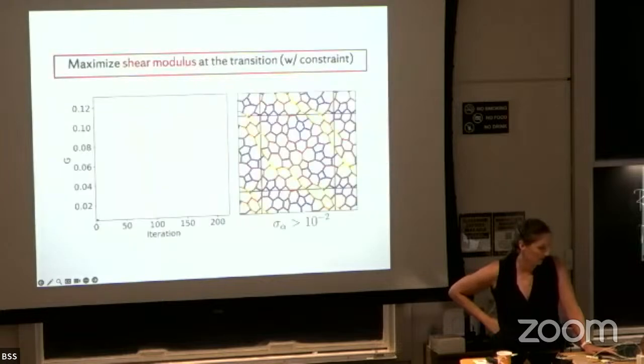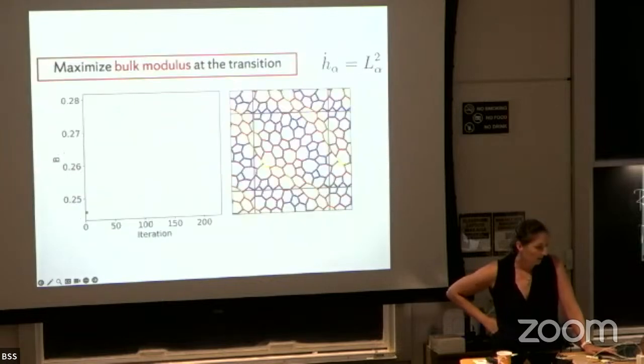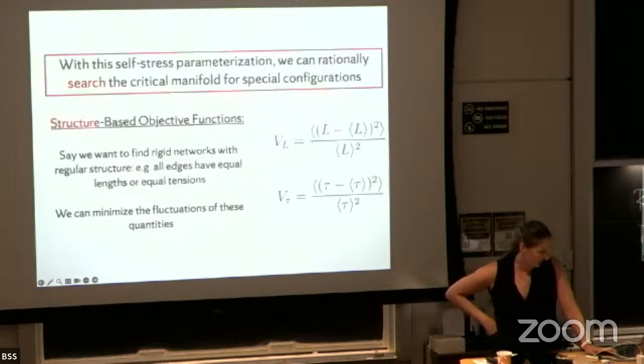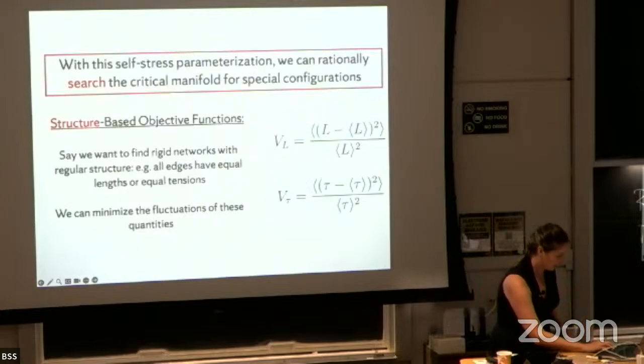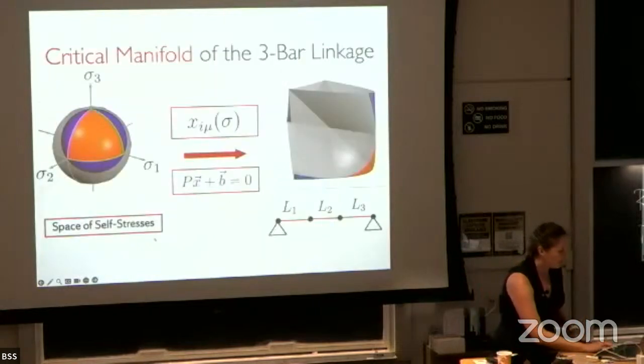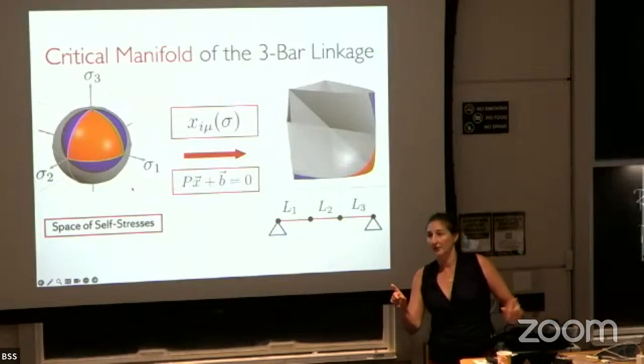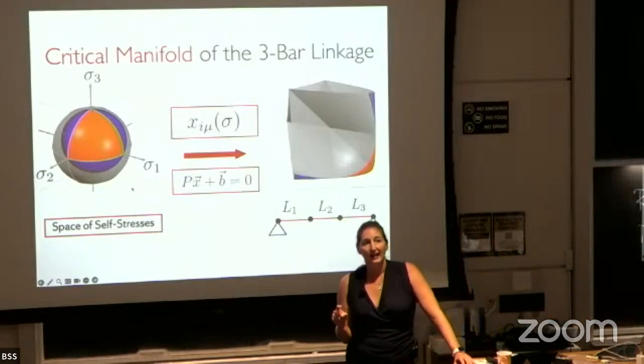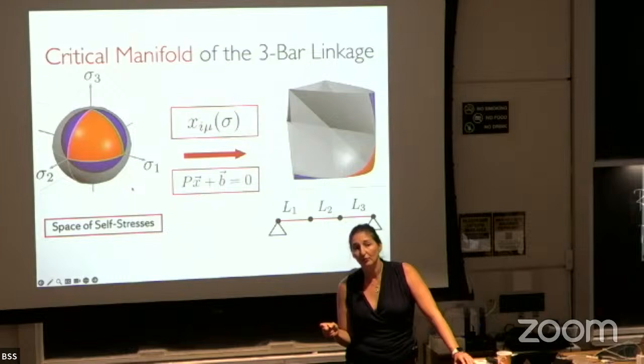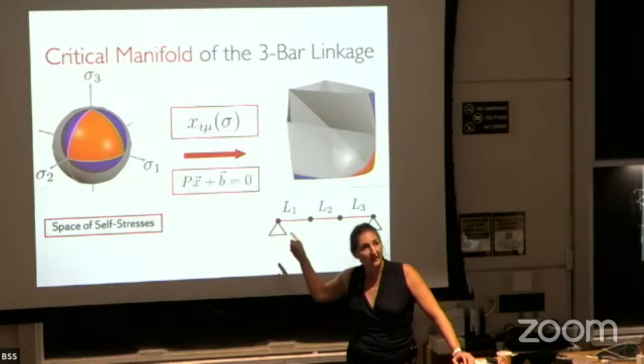I don't know how many of you are interested in this sort of thing, but the fact that this is a stereographic projection of a sphere means that you can prove that in configuration space, the manifold of critical states is codimension unity. I mentioned that before. So once you know that this is a stereographic projection, you can prove that.